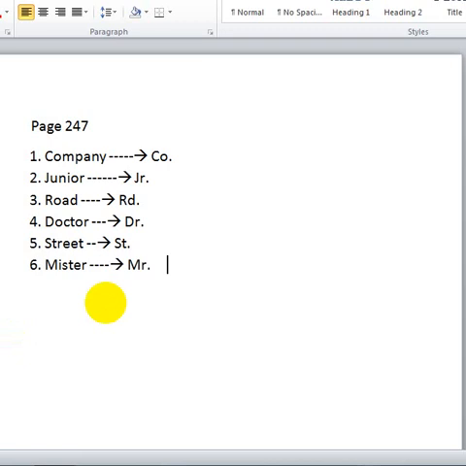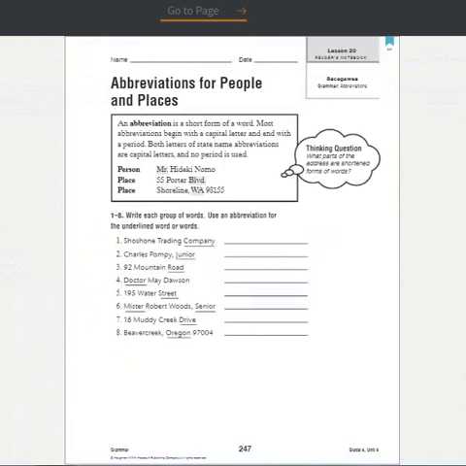And we also want an abbreviation for the word senior, right? So, senior will become, yep, SR period. Remember, junior became JR period. Senior will become SR period, okay?